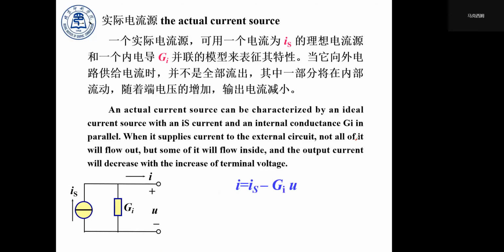So we can use this connection of an ideal current source combined with a parallel resistor to create a characteristic curve similar to a real current source.